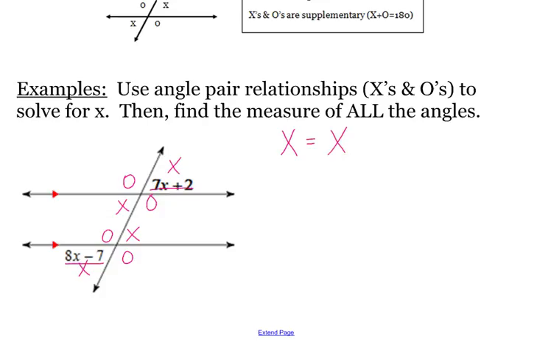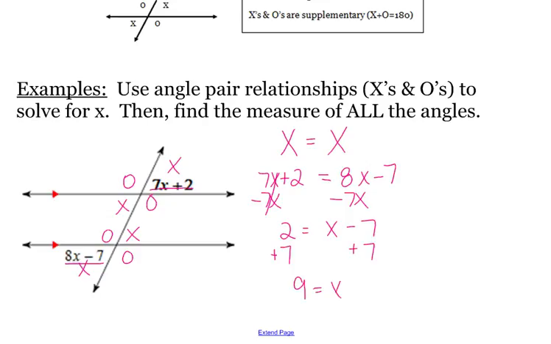They're congruent. So let's plug in our parts. 7x plus 2 equals 8x minus 7. Go ahead and solve for x. Subtract 7x from both sides. And add 7. So we end up with an x value of 9.